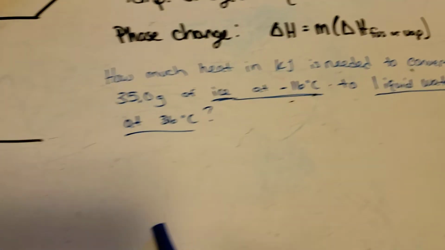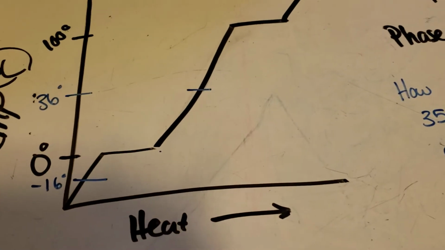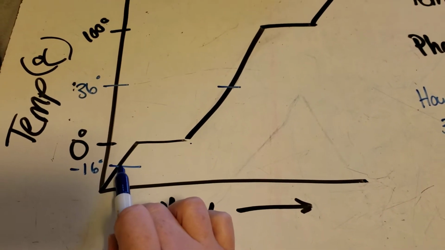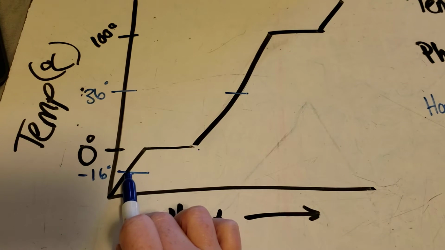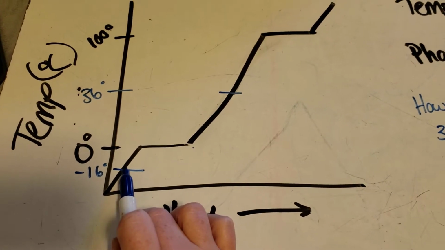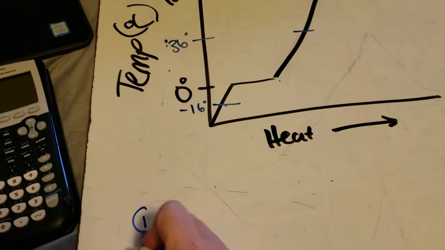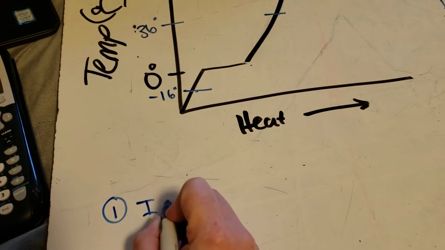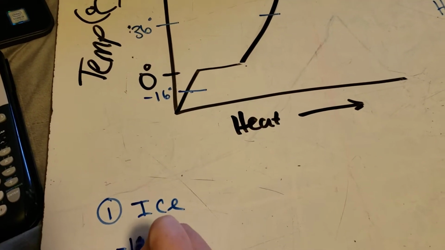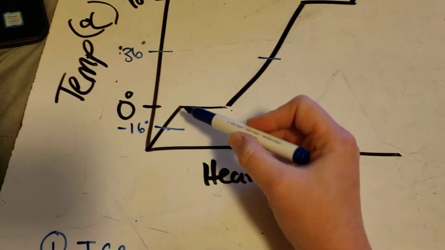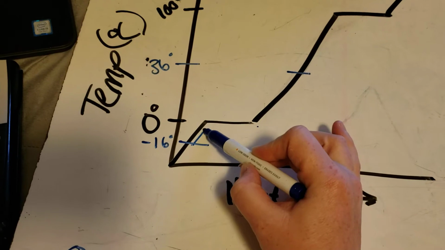So, looking on our graph, we see that we are starting here. We need to stop at every corner and start a new problem. So for problem number 1, I am currently ice and I'm starting at negative 16 degrees Celsius. We're going to keep going, stop.